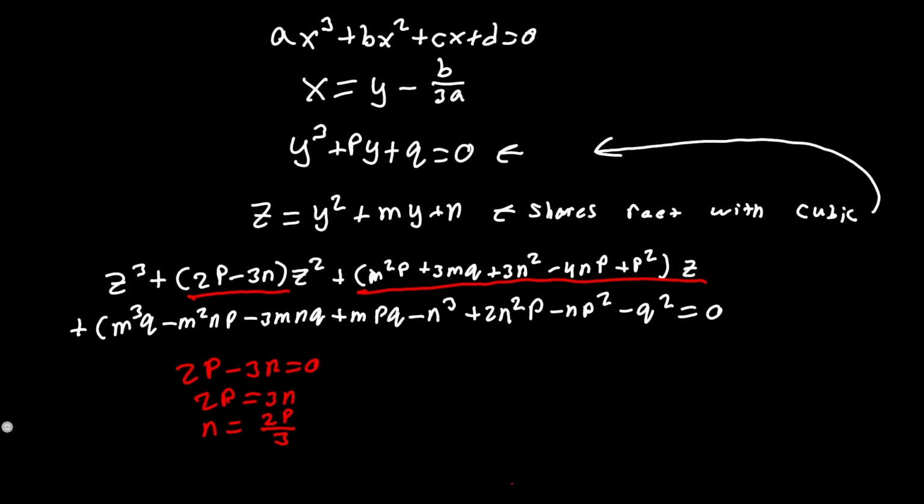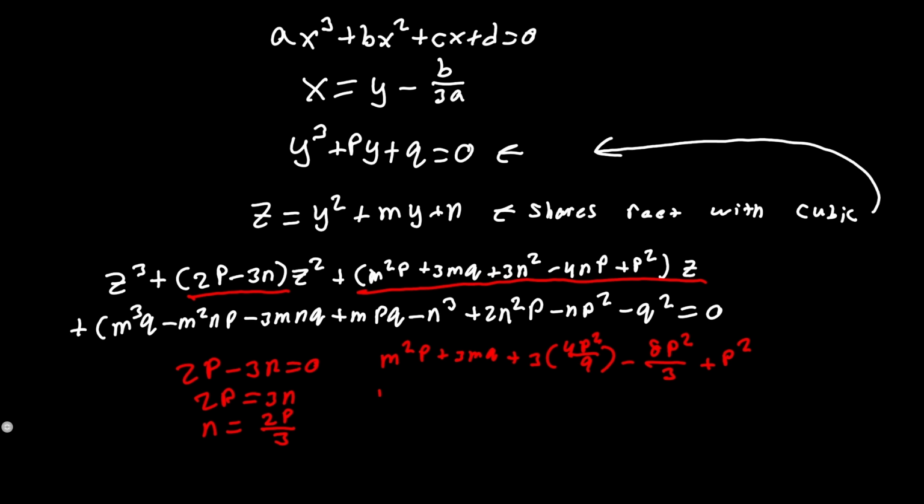And now just plugging in that value of n into every other expression, we will get m squared p plus 3mq plus 3 times 4p squared over 9 minus 8p squared over 3 plus p squared. We just substituted n equals 2p over 3.